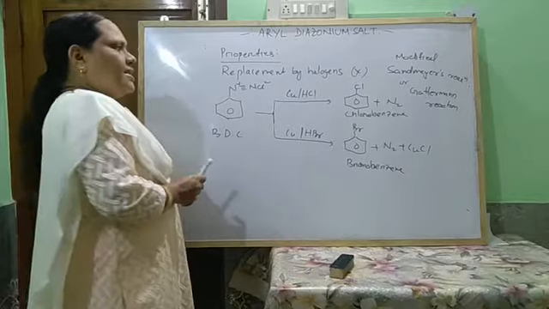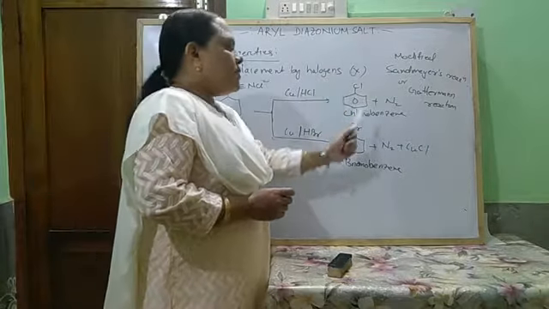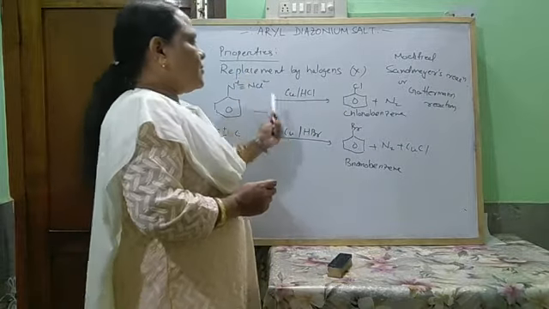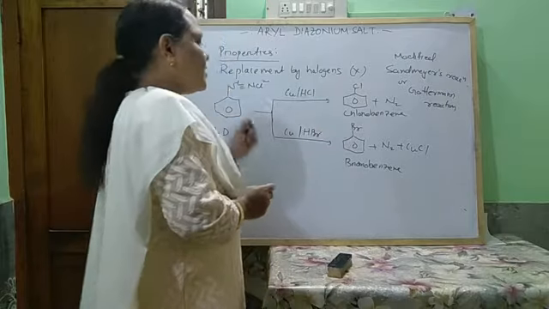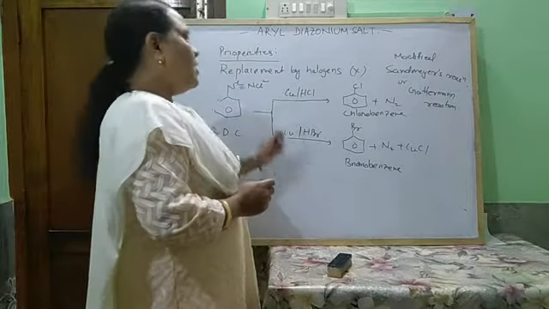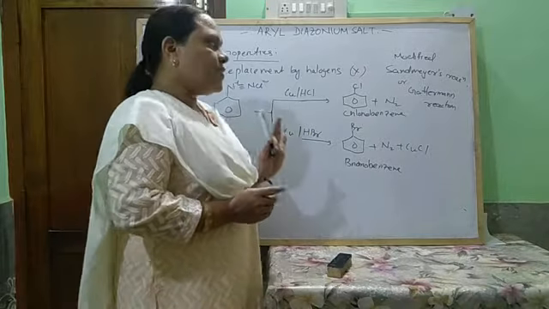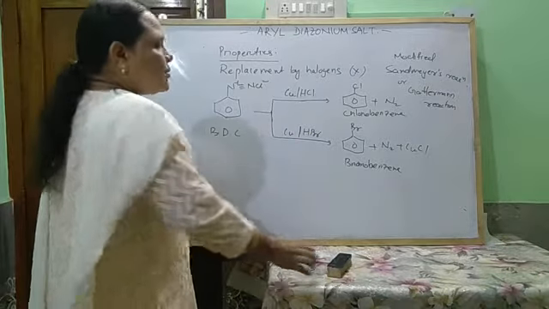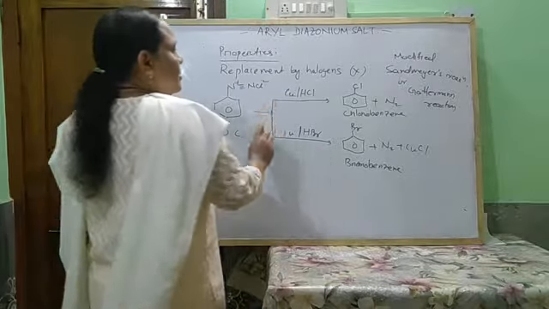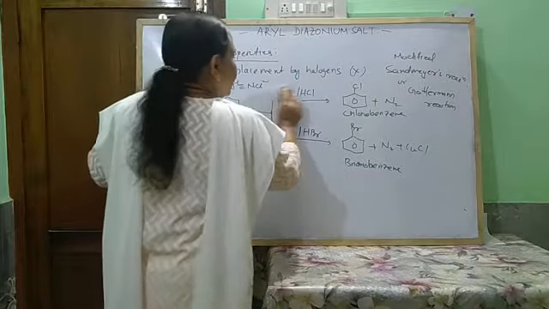Okay. So this is about chlorobenzene and bromobenzene, by CuCl in the presence of HCl, CuBr in the presence of HBr, or copper in the presence of HCl and copper in the presence of HBr. Next, we come to another reaction, how iodobenzene is formed.